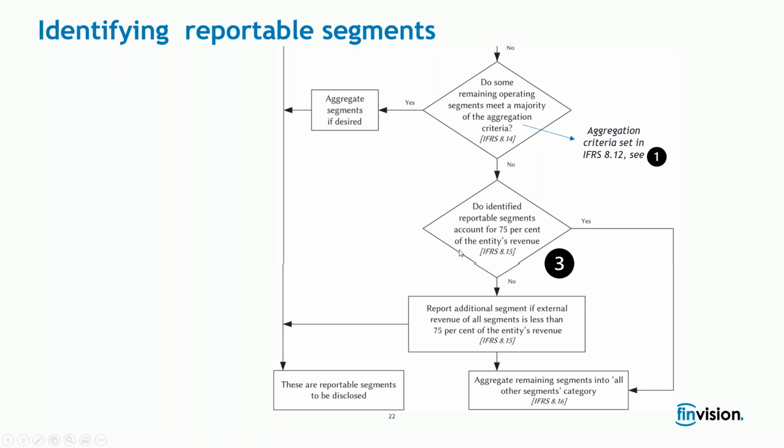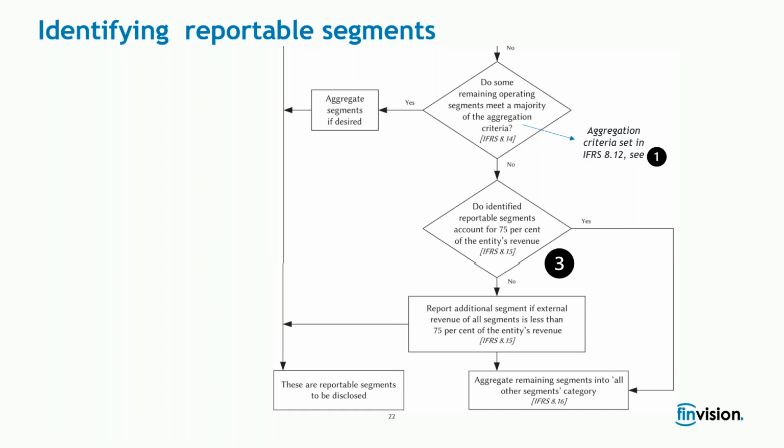The final step here: if you have identified a number of separately reportable segments, do they account for at least 75% of the entity's revenues? If that's not the case, then even though all of the rest would allow aggregation, you still need to continue to identify, okay, which one should I report separately until you reach 75% presented as separately reportable segments.